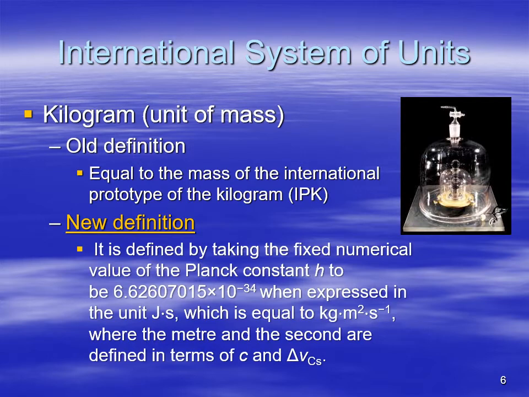So now they're basing the kilogram, as of 2018, on a constant, and that constant is Planck's constant. So the new definition is the fixed numerical value of the Planck constant when expressed in units of joules per second, which is equal to, of course, joule per second is a kilogram meter squared per second, where the meter and the second are defined in the other definitions of SI units.